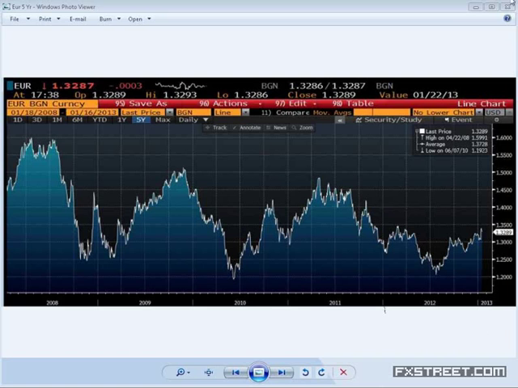Okay, so now let us look briefly at the European debt crisis. My view on the next year or two, I'll say a year, is that the risk environment has stabilized, certainly since last summer.